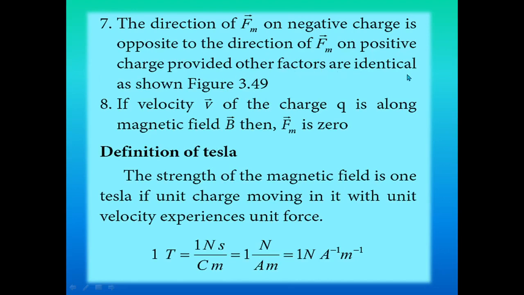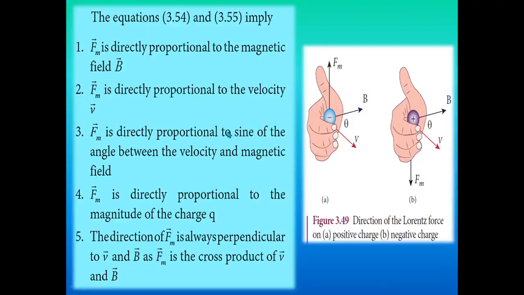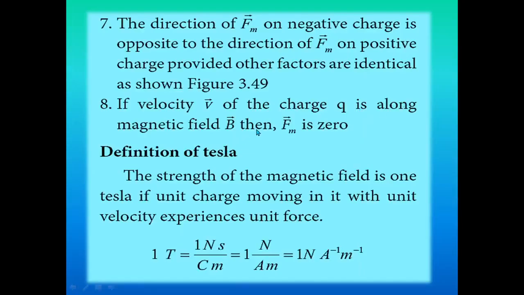The last point is, if the velocity V vector of the charge Q is along the magnetic field B vector, then the Fm force is 0, because the magnetic field and the electric field are always perpendicular to each other.